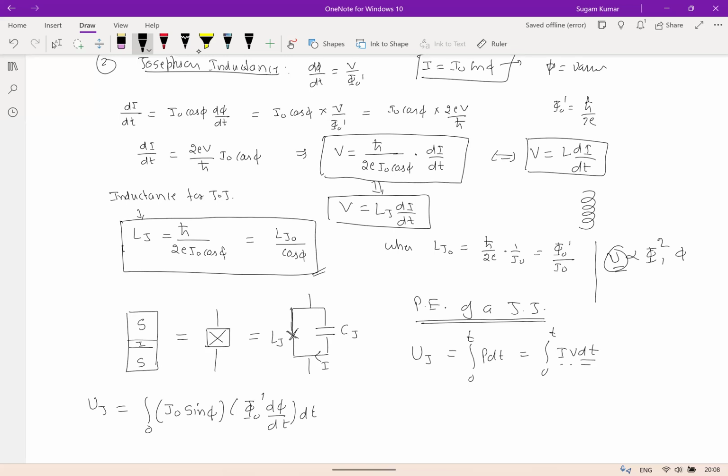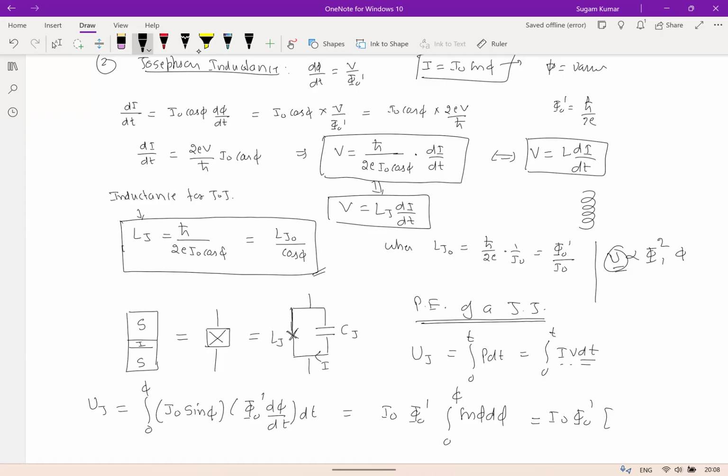Now you can see that dt cancels out. So technically this is with respect to phase only. And here it will be I naught and phi naught dash, integral from 0 to phi of sine phi d phi.